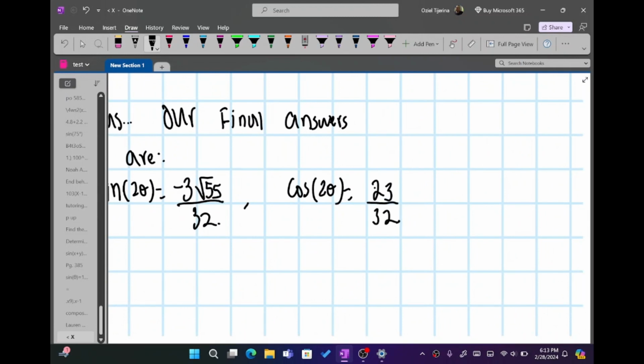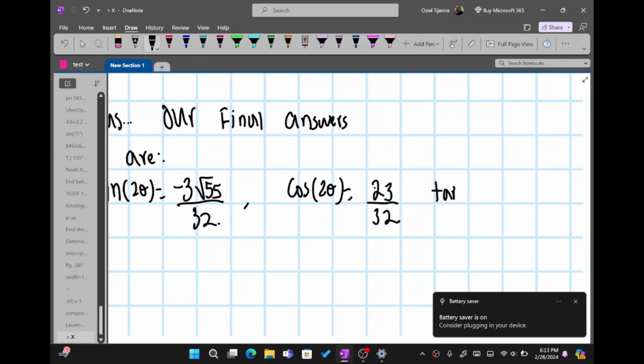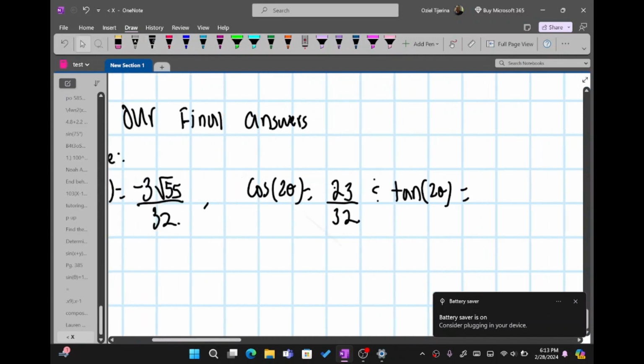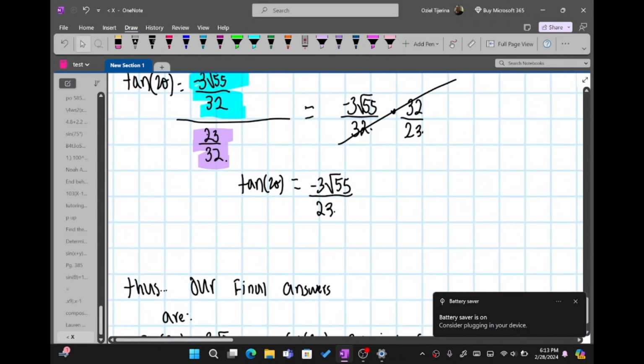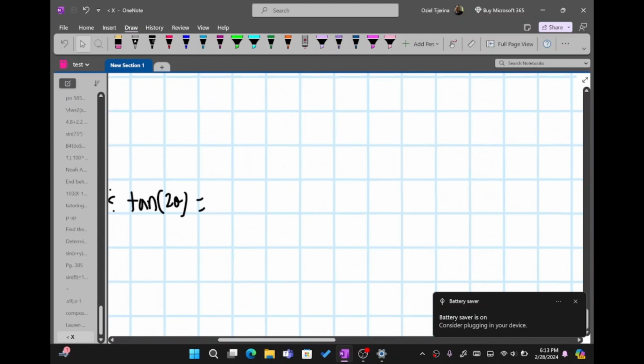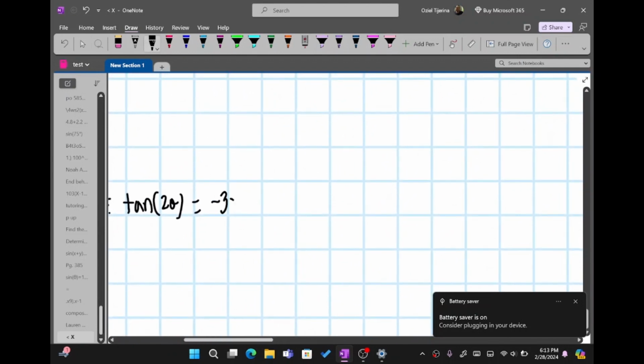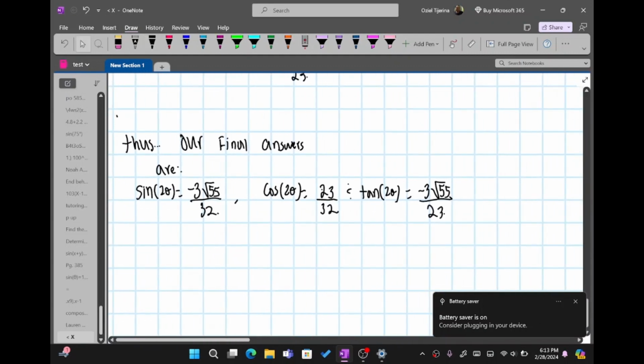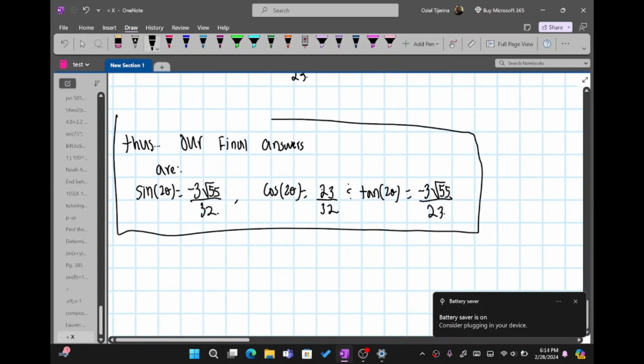And tangent of 2 theta was negative 3 square root of 55 over 23. So these three are our final answers, guys.